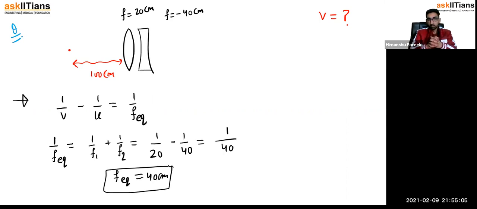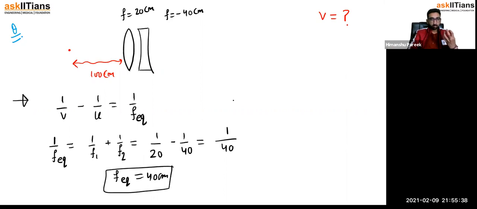Some people get confused when I say this, thinking the focal length for the concave was more, so overall it should act like a concave lens. But guys, focal length doesn't matter. What matters is the power. For the convex lens the power is more, because power is inversely related to focal length, and if the power is more, that would dominate.